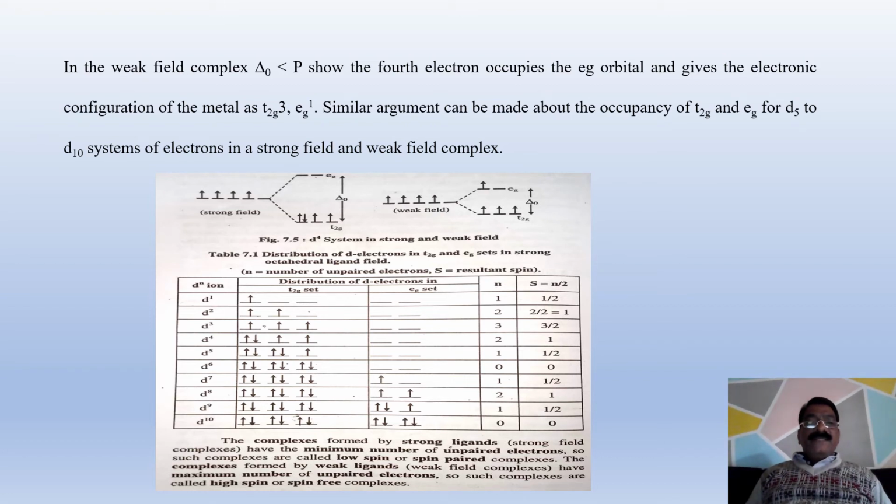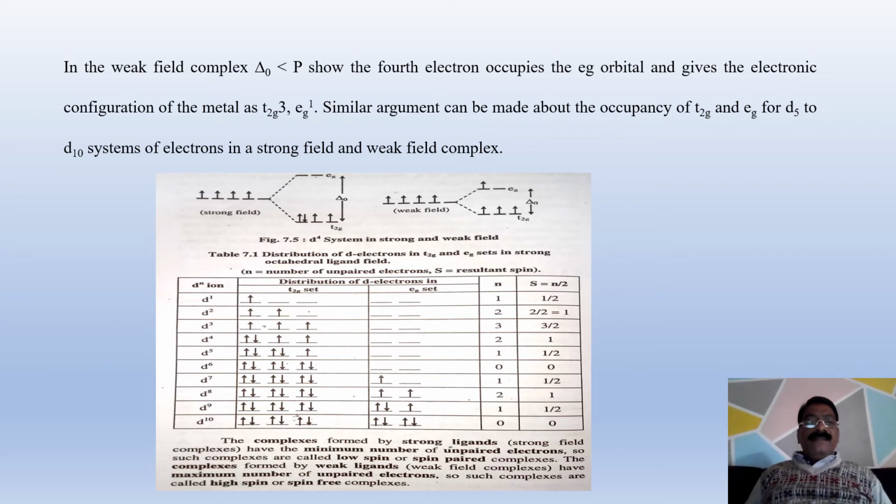In the d7 system, again 6 electrons will be in the t2g orbitals, that is 3 orbitals with paired electrons, and 1 single electron in the eg orbital. In the d8 system, again the t2g set is filled with pairs and the eg set has 2 electrons.